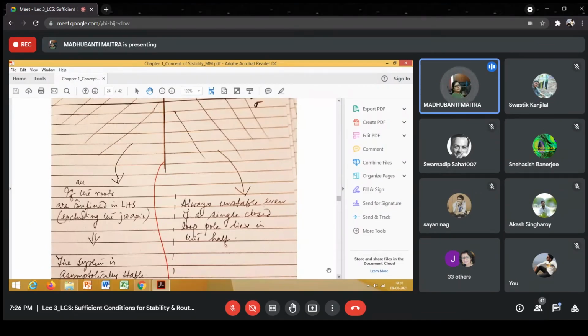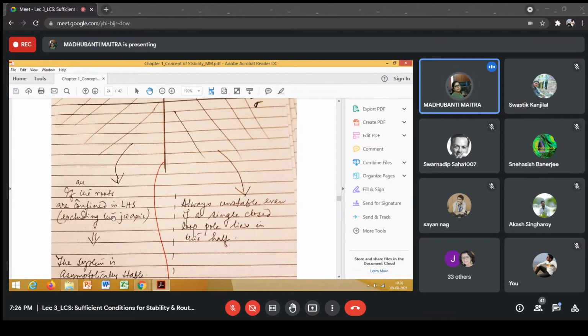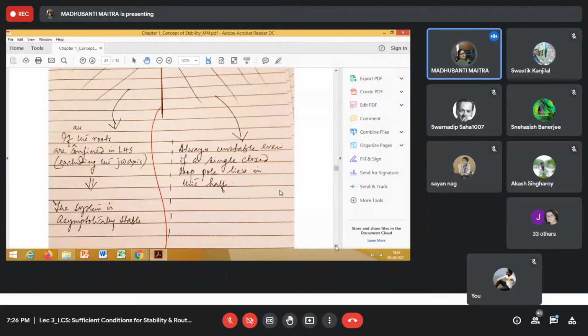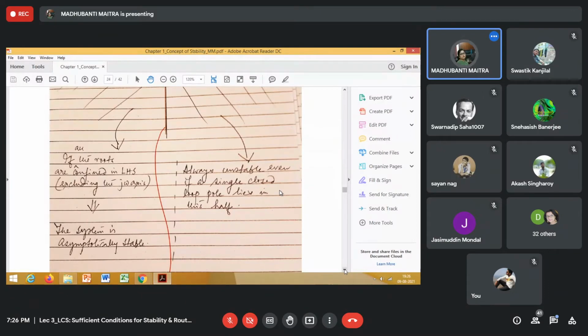So if all the roots are confined in the left half of the S-plane, excluding obviously the j omega axis, our conclusion is the system is asymptotically stable. Not only stable, it's asymptotically stable, right? And the right half of the S-plane is the region of instability, always unstable even if a single closed loop pole lies in this half.